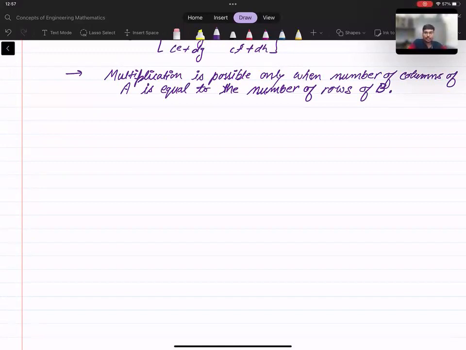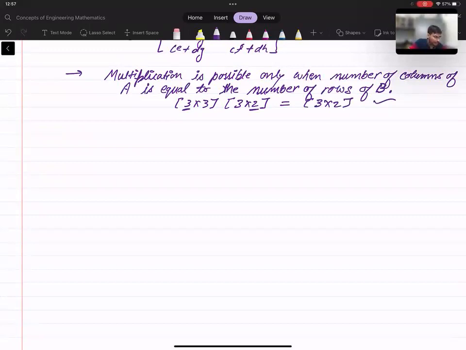So we will solve an example to have a better understanding of this matrix multiplication. Basically, what this statement means is that suppose we have a 3 cross 3 matrix which is being multiplied with a 3 cross 2 matrix. This multiplication is feasible, and this will result in a 3 by 2 matrix.